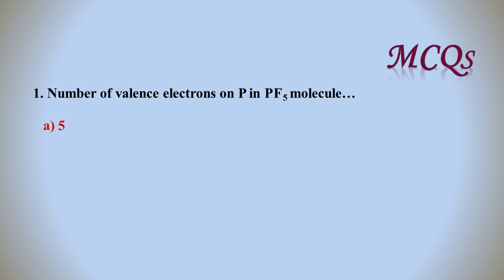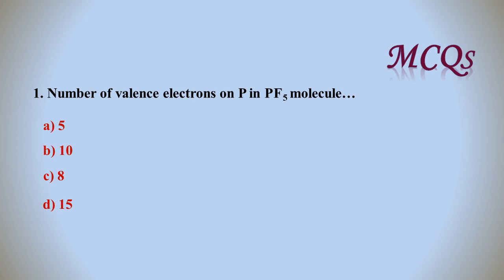Okay, I think it's a very hard part in our lesson, but we need to mention that we have different questions. Question number 1 says the number of valence electrons of B in BF5 molecule, we have 5, 10, or 8 and 15.